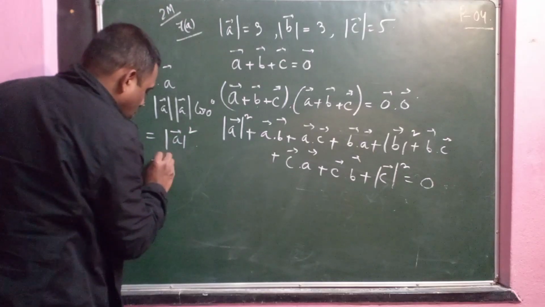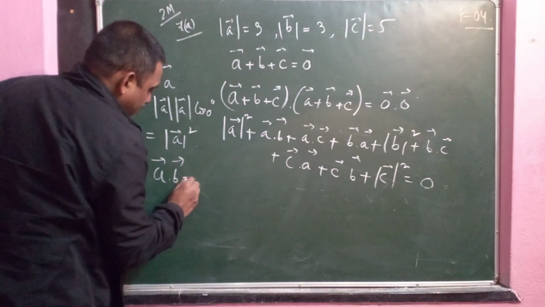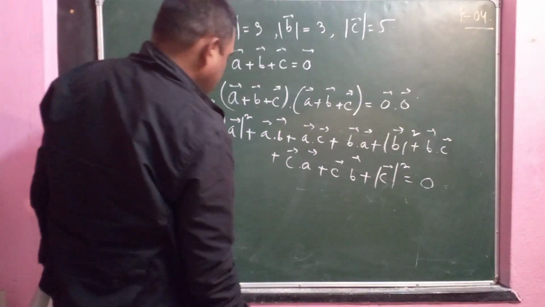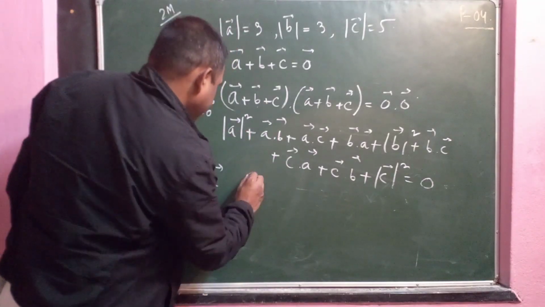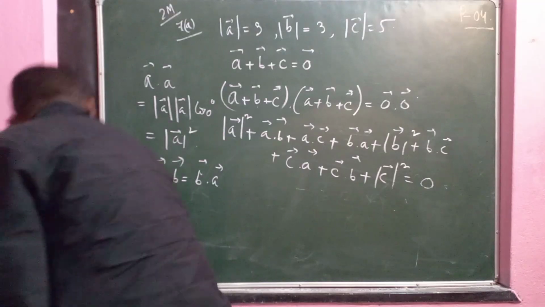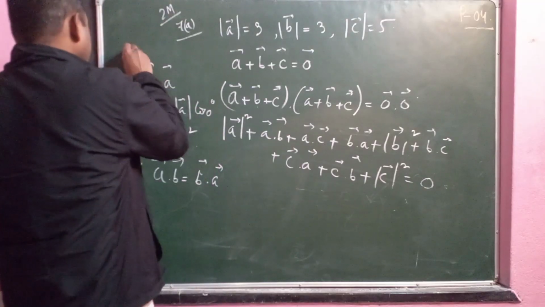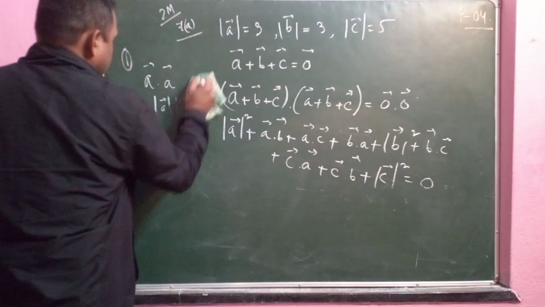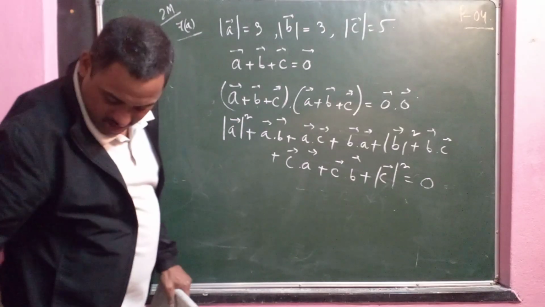And remember, dot product or scalar product is commutative. B dot A is A dot B, and B dot C is C dot B. Understand? This formula we will use. First, the commutative law for the dot product. We have done this.